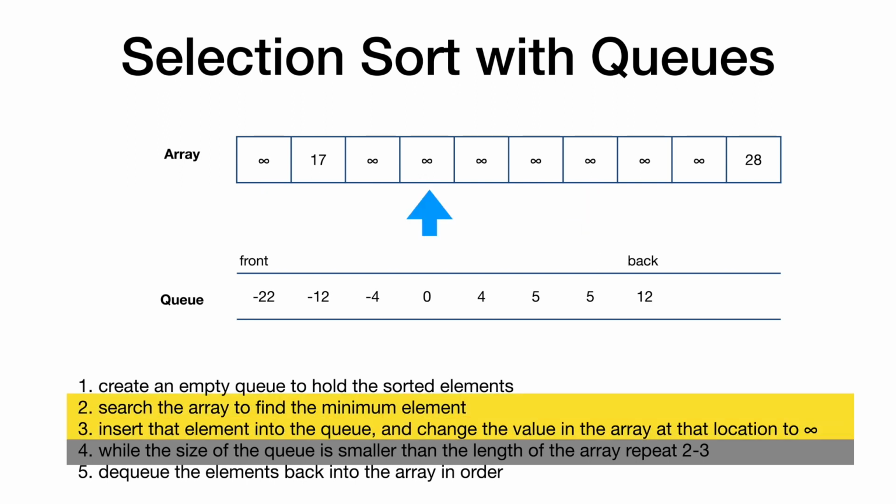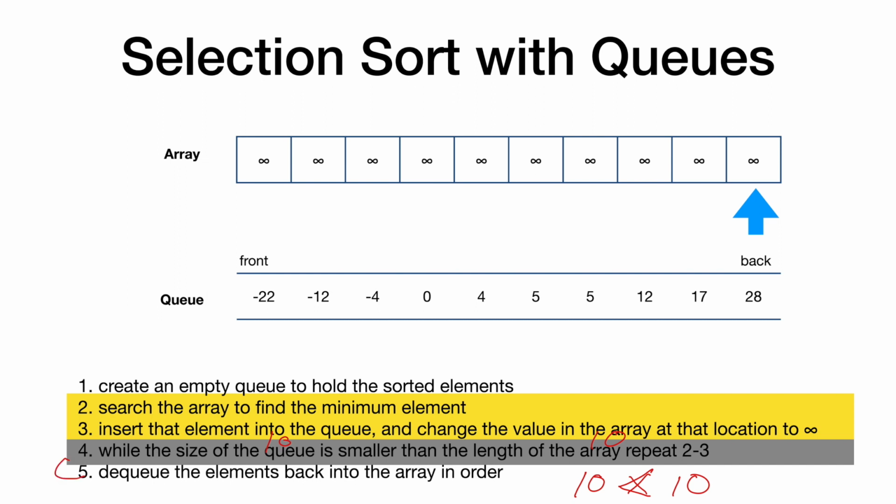We do the same thing with 12, and then 17, 28. And now we get to this situation where the size of our queue is 10, and the length of our array is 10. So 10 is not less than 10.